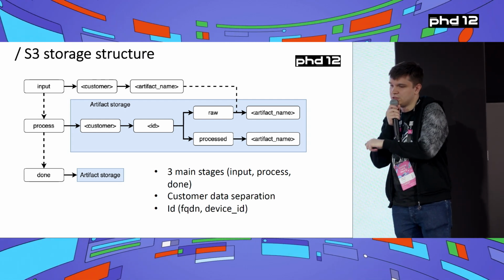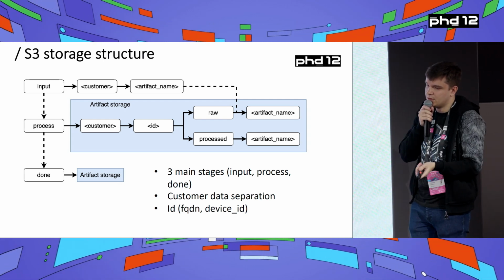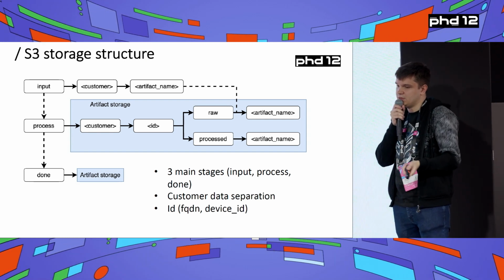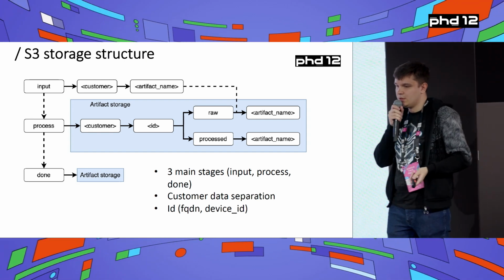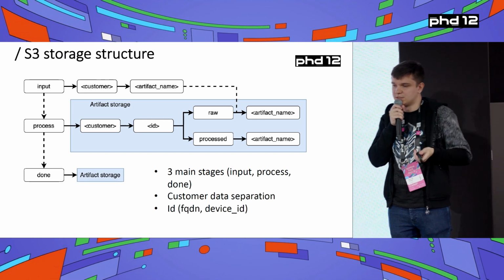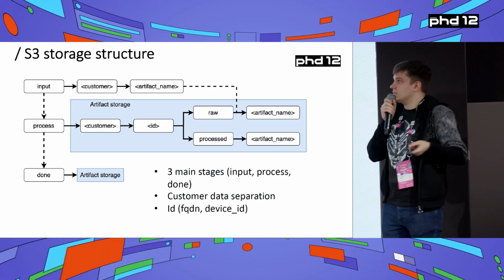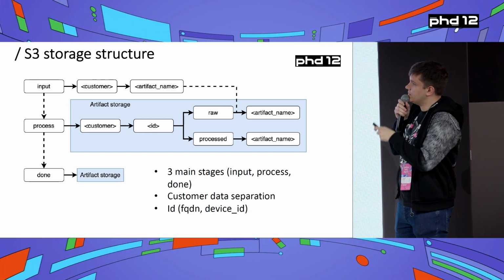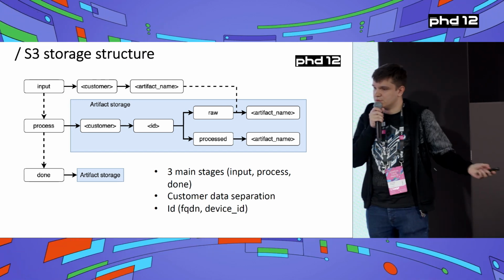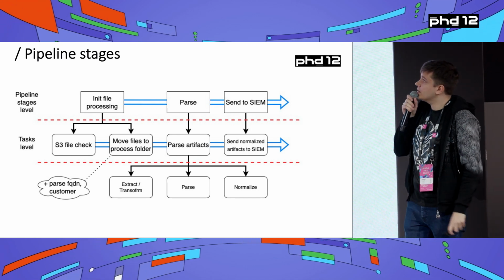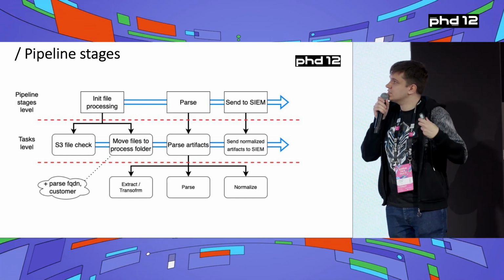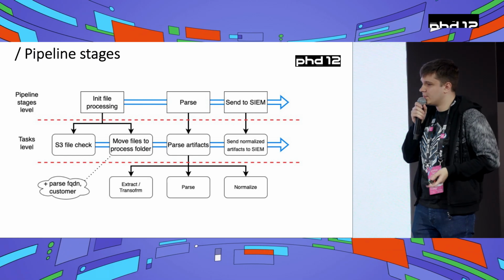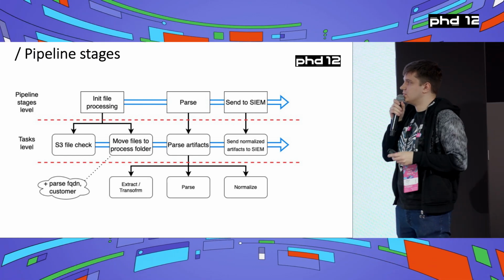So you have the customer, the artifact name as an input, then the pipeline moves the data to the process folder. The data is further processed by the pipeline, and the output is moved to the data folder. A few words about the pipeline at different stages.